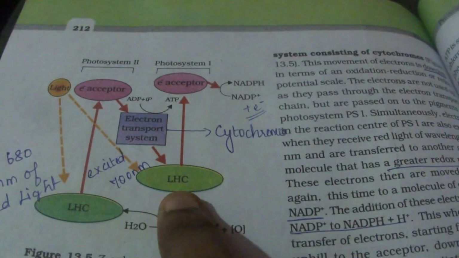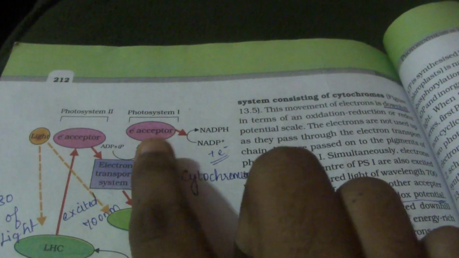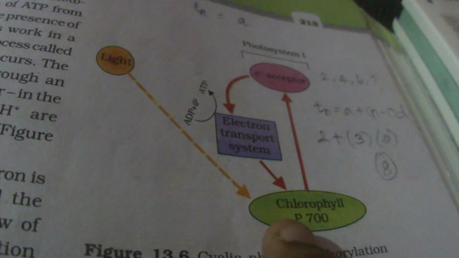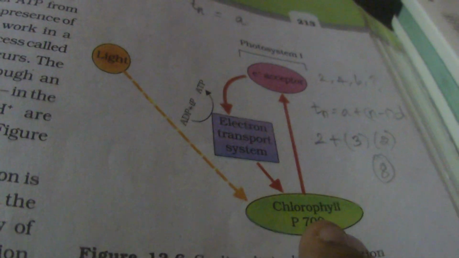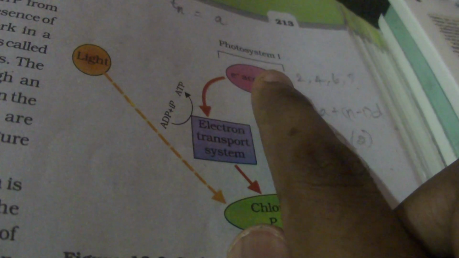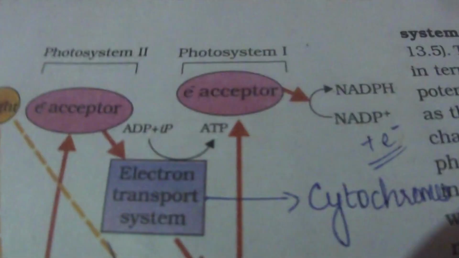So what will happen there? Only PS1 will take place. That is what is given here. This is P700, this PS1, and then the electron acceptor. After the electron acceptor, it would go to NADP and form NADPH2, we learned it like that here.